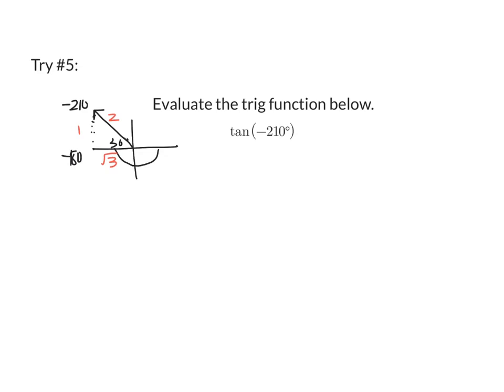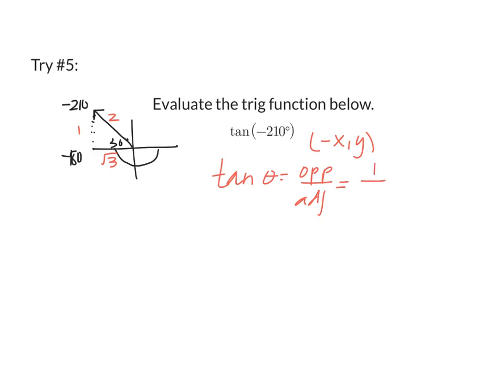From there, also what we need to know is that the ordered pair in quadrant 2 has a negative x and a positive y. All right, tangent then is opposite over adjacent. My opposite side is 1.